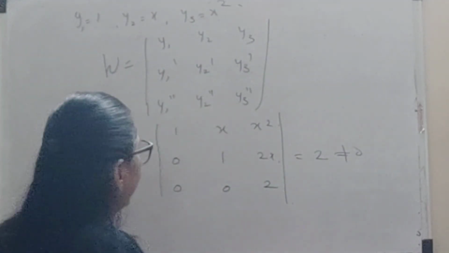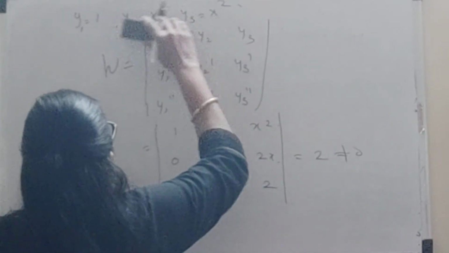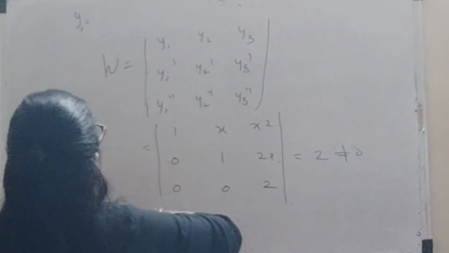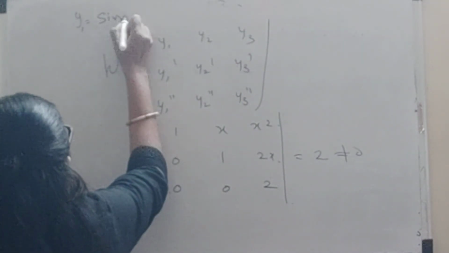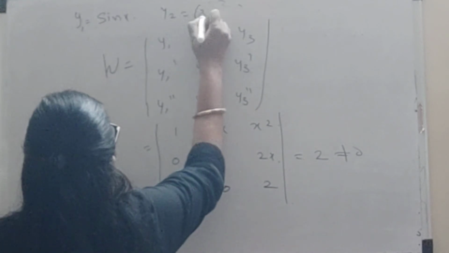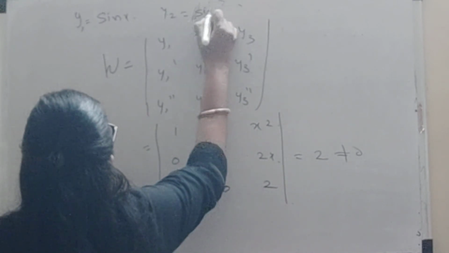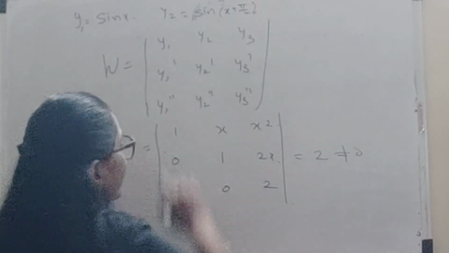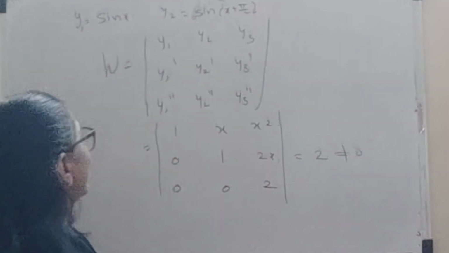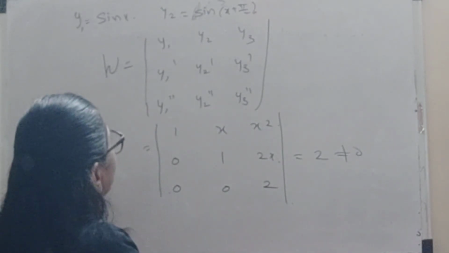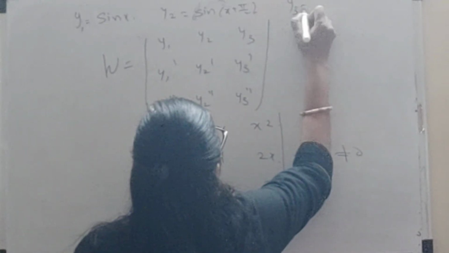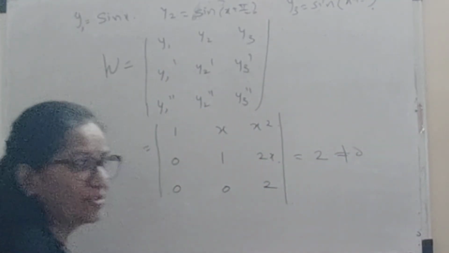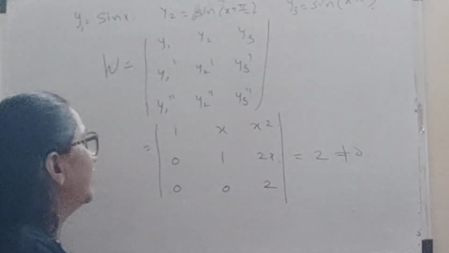Now instead of this, if I choose the example y1 equal to sin x, y2 equal to sin of x plus pi by 2, and one more, y3 equal to sin of x plus pi. Again the Wronskian is given by this determinant.